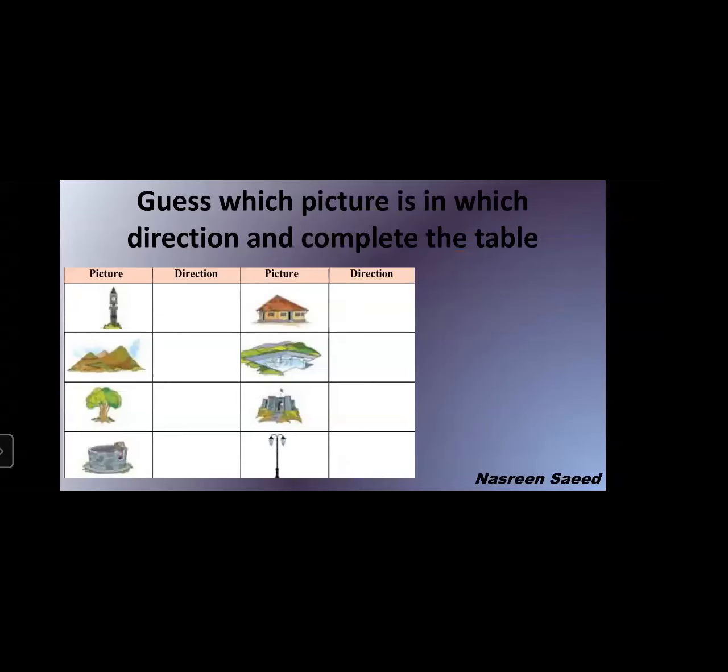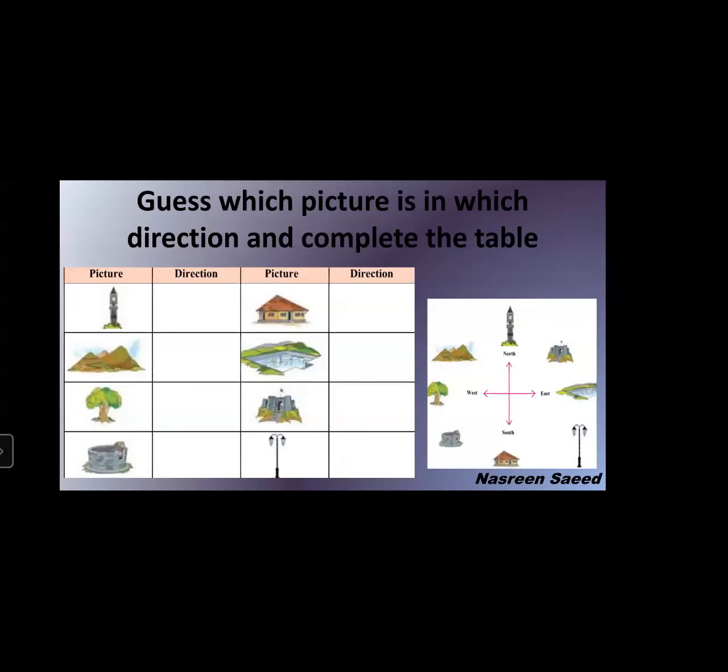Now this picture is given on your textbook page number 81. There is a small activity given. We have to see the picture, guess which object is in which direction, and complete the table. In the picture, in the north they have given a clock tower. In the east there is a tank.